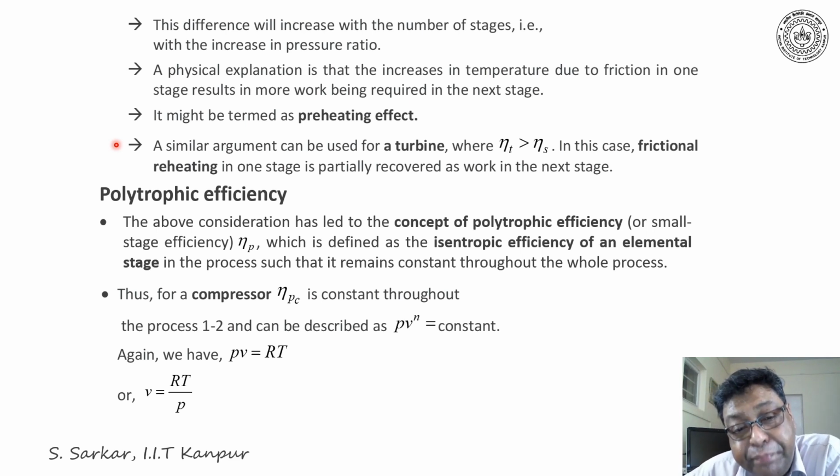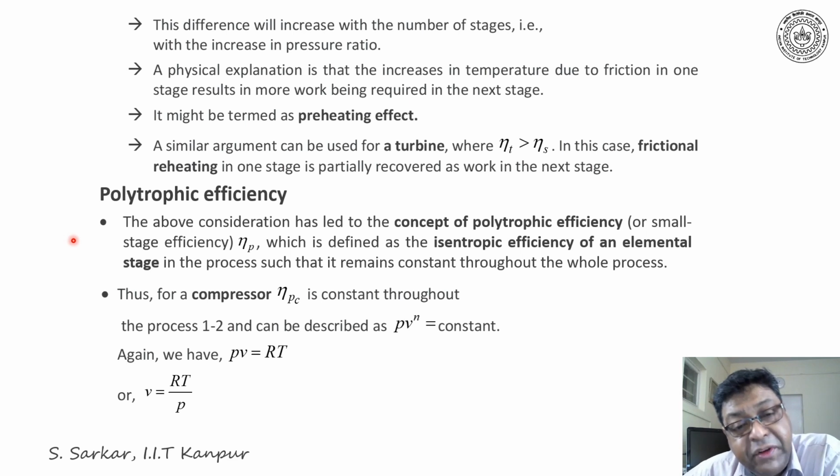Thus, the frictional loss here is partially beneficial. So, what I would like to say is that the total frictional loss is not wasted. Part of it can be recovered in the next stage as useful work.